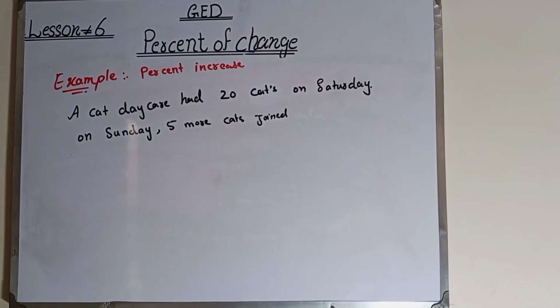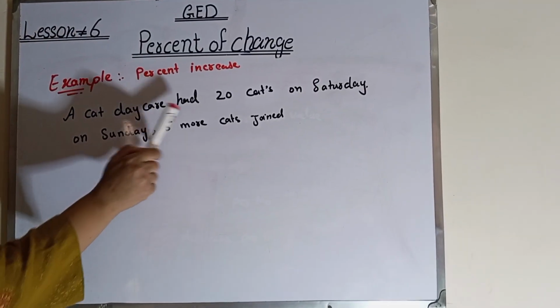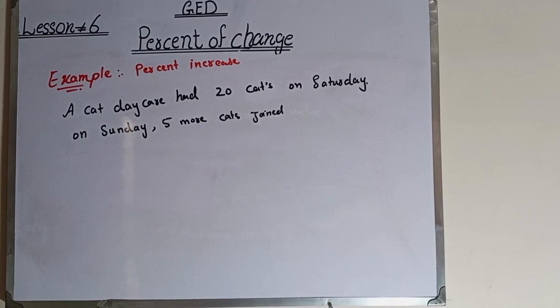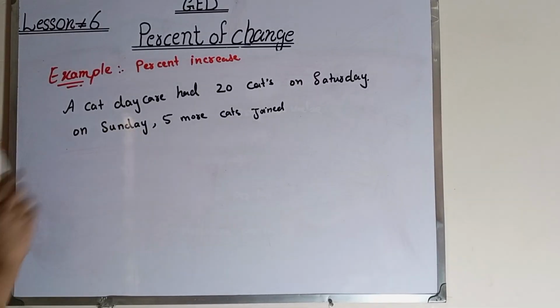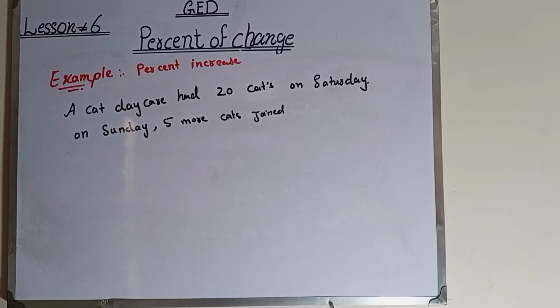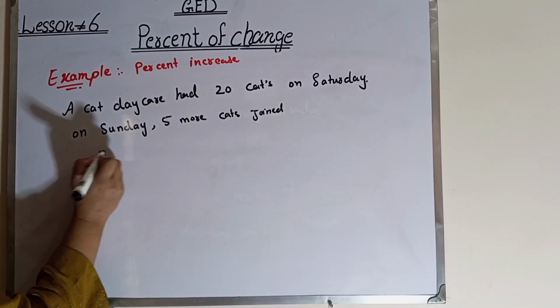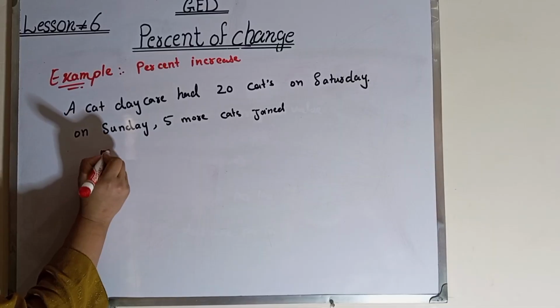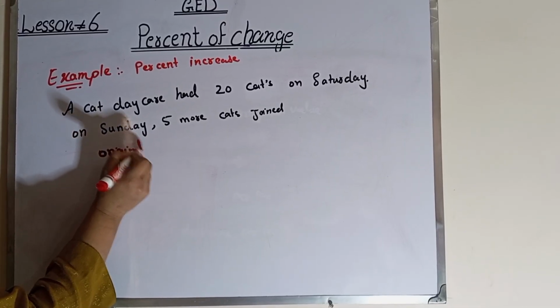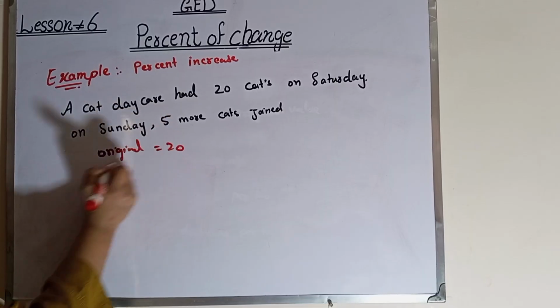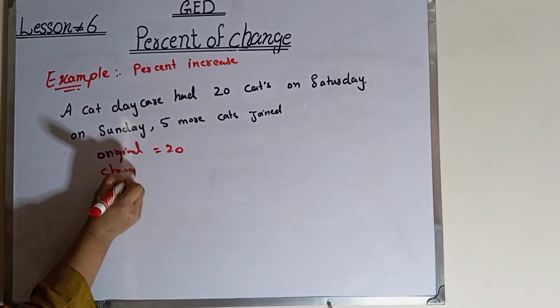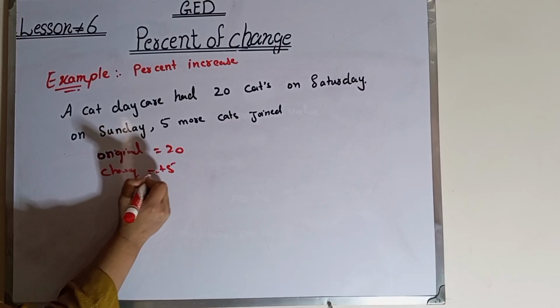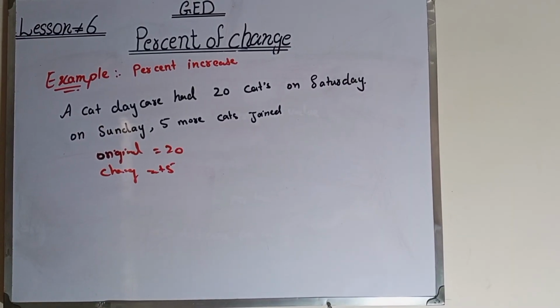Now we will do an example of percent increase. A cat daycare had 20 cats on Saturday. On Sunday, 5 more cats joined. Now our original is 20 cats and change is 5 more, which is positive, a 5 increase.